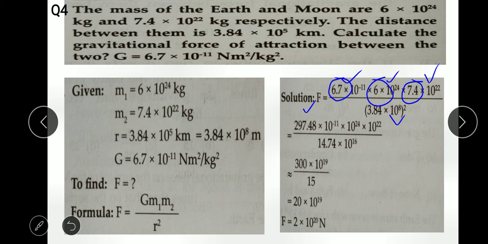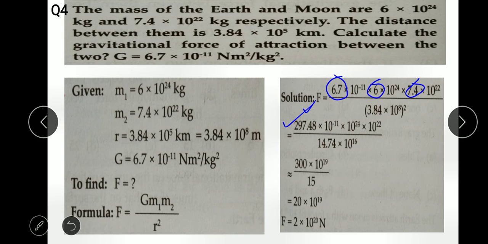When you multiply all three, you will get 297.48, and 10 raised to 20 is left. You can multiply and check. I have just multiplied 6.7, 6 and 7.4 to get 297.48.